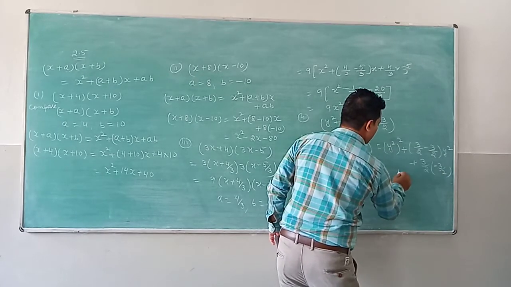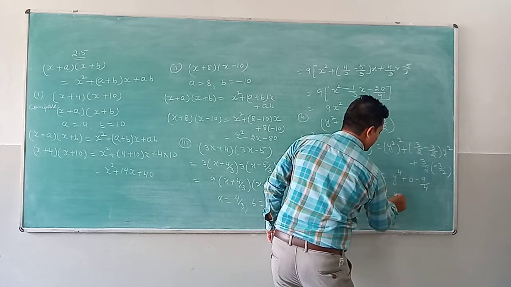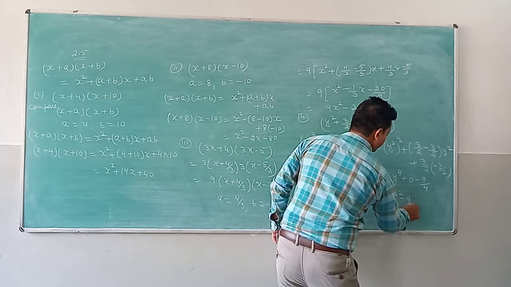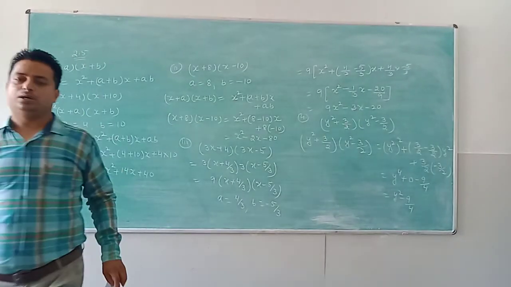This is y⁴ + 0 − 9/4. So y⁴ − 9/4 is the product by using the identity.